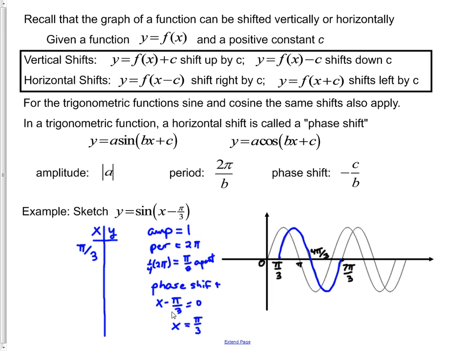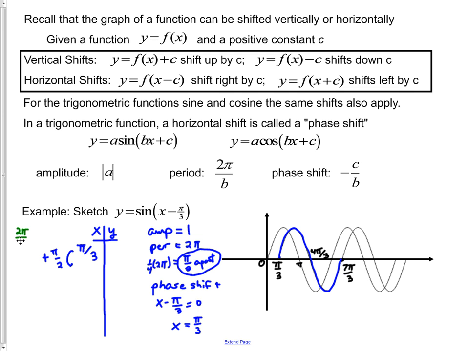That becomes my new starting point in my table of values. And since each of the key points are pi over 2 apart, I'm going to take pi over 3 and start adding increments of pi over 2. Now, a lot of people don't like dealing with fractions, but actually this is pretty easy if we take this off to the side. Pi over 3 and pi over 2 share a common denominator of 6. Pi over 3 is the same thing as 2 pi over 6.